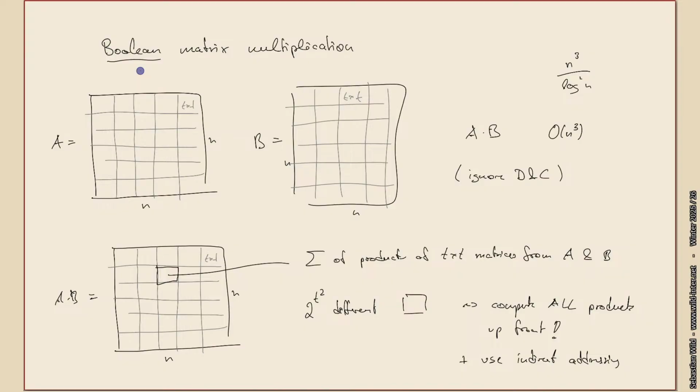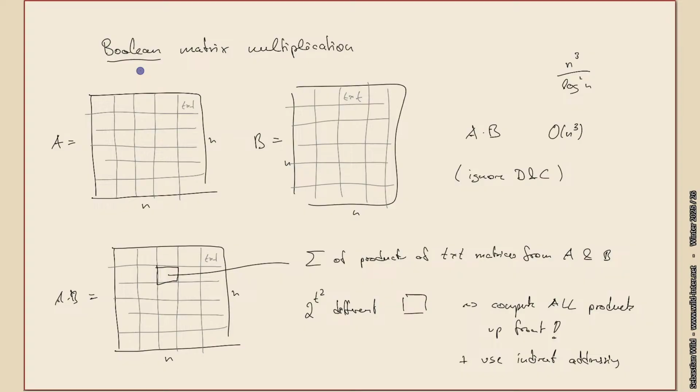Usually when people talk about Boolean matrix multiplication, what they mean is that multiplication is AND and addition is OR. So it's in the Boolean semi-ring. You could also replace operations with different types of operations that have the properties of a ring or a semi-ring, but may not have a minus in that sense.